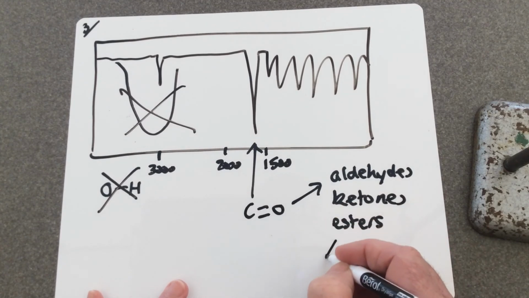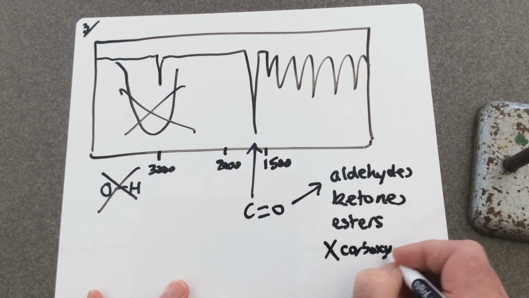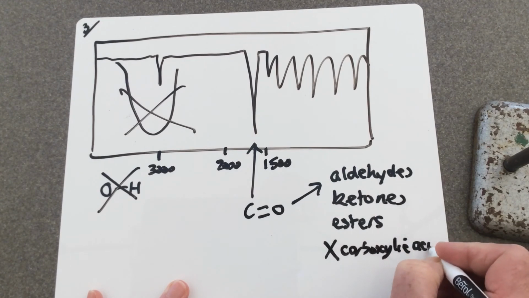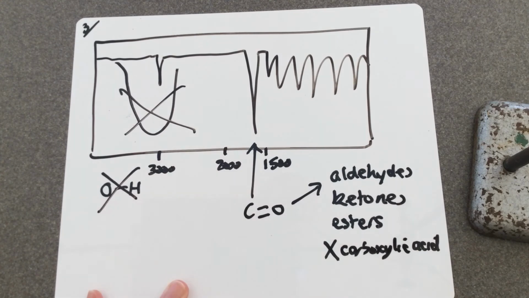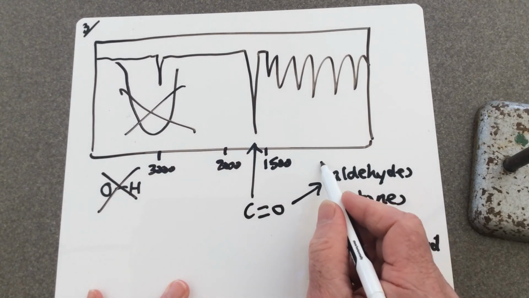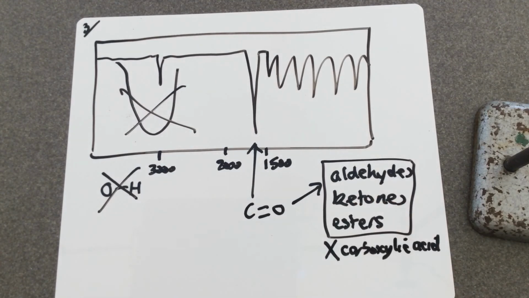But what I cannot have is a carboxylic acid. Because for a carboxylic acid, the OH bond in the correct region would need to be present. So I could have one of these three compounds. Which one? No idea. Infrared's not going to tell us that information.